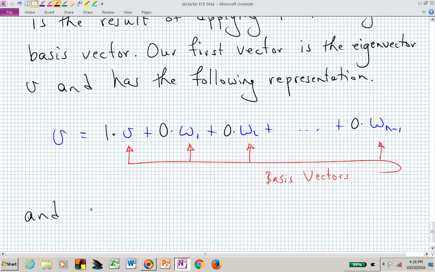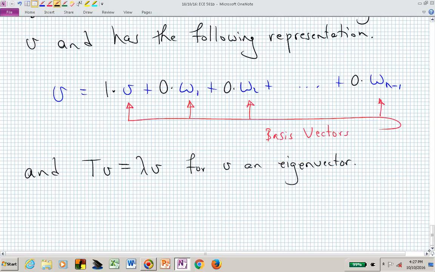And we know that Tv, if v is an eigenvector, satisfies this eigenvalue-eigenvector equation. The only way that we can now weight v with one coefficient lambda is to force all of our other coefficients that weight our basis vectors to 0.